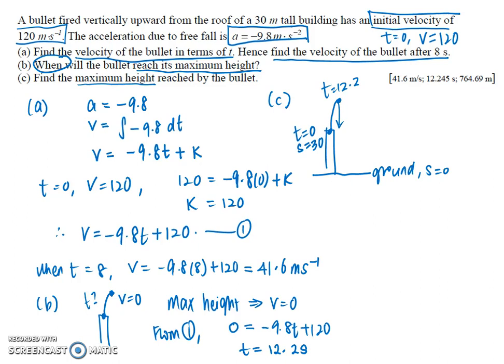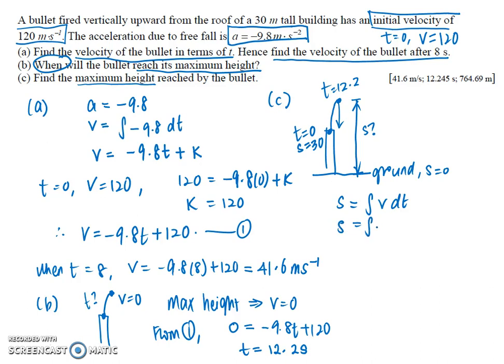So the question now is asking us for that height, this particular s, this particular displacement that we need to find when that happens. So we need to find s. S, as we know, requires us to integrate velocity with respect to time. We have the relationship of velocity.